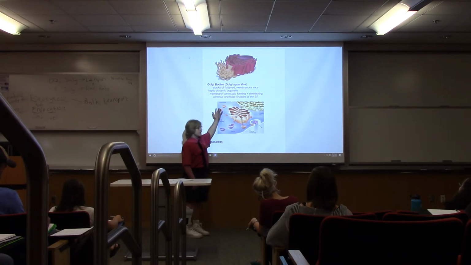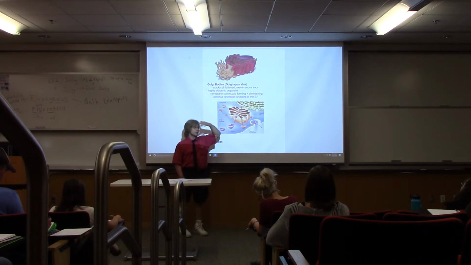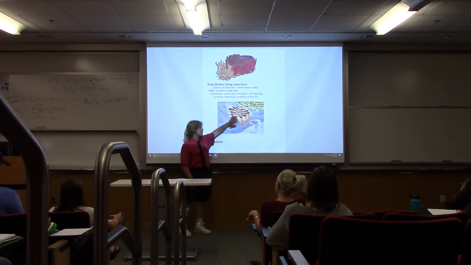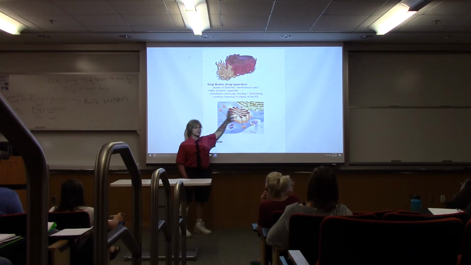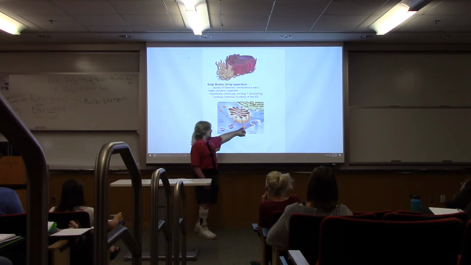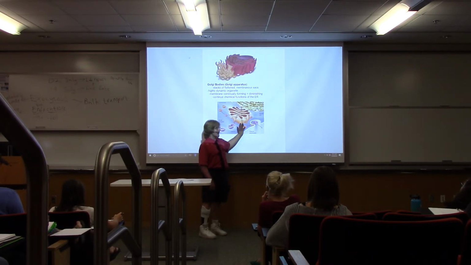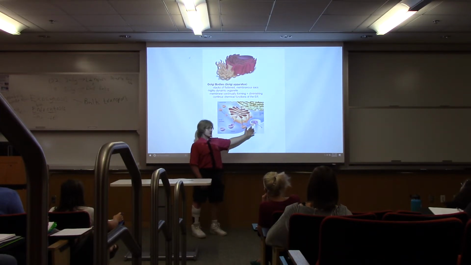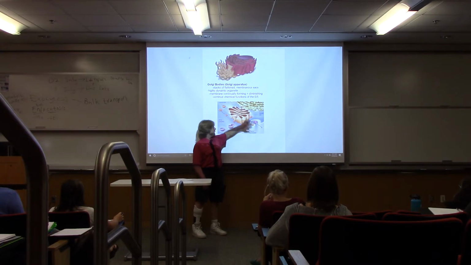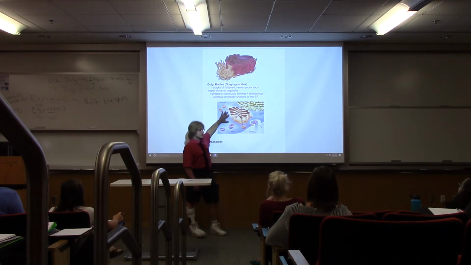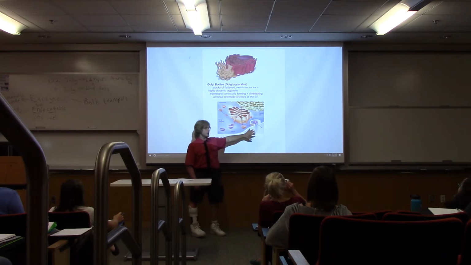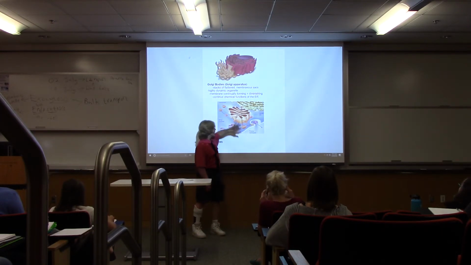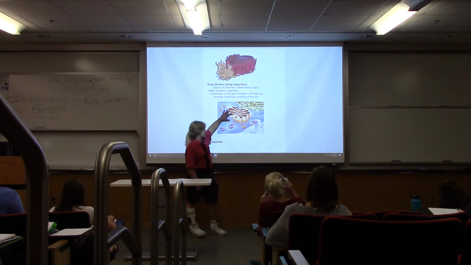So when the vesicles are filled with these metabolic waste products, the vesicles are produced by the Golgi body. And when these vesicles get close to the plasma membrane, this is the outside of the plasma membrane, extracellular, and this would be the intracellular, within the cell.